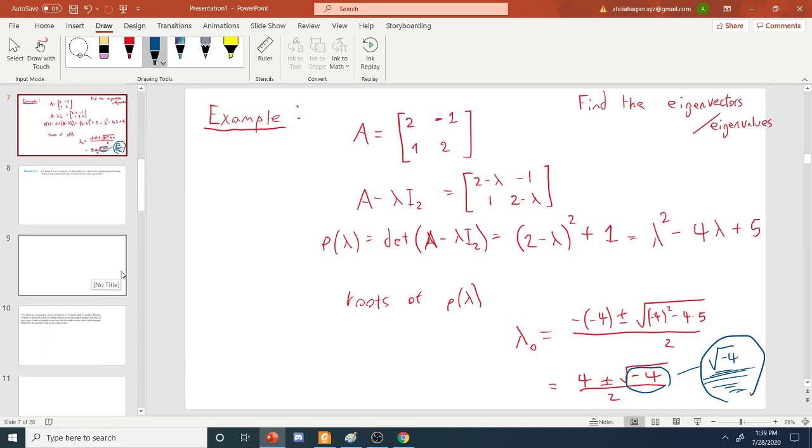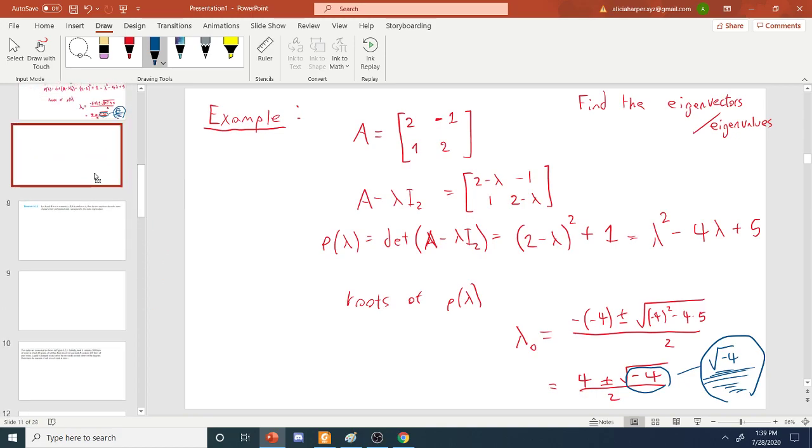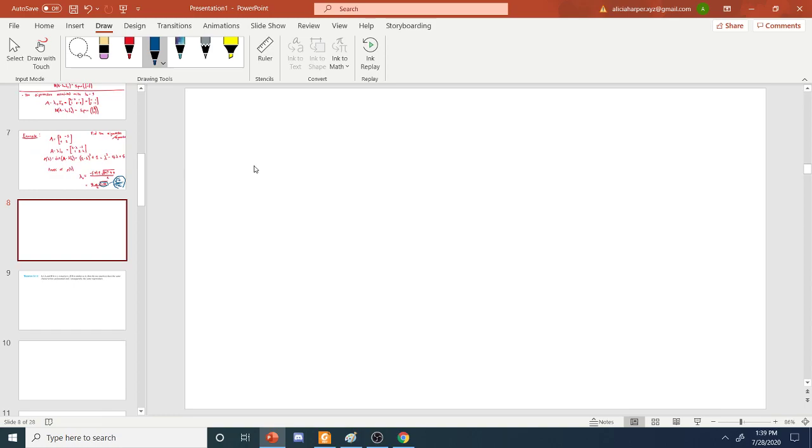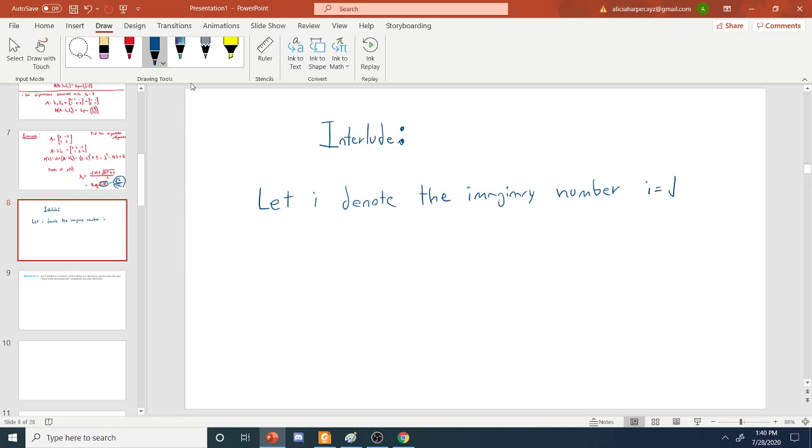So, let's recall from algebra how we solve this. So, this will be an interlude. And so here's what the interlude is about. Let I denote the imaginary number I is equal to the square root of negative 1.